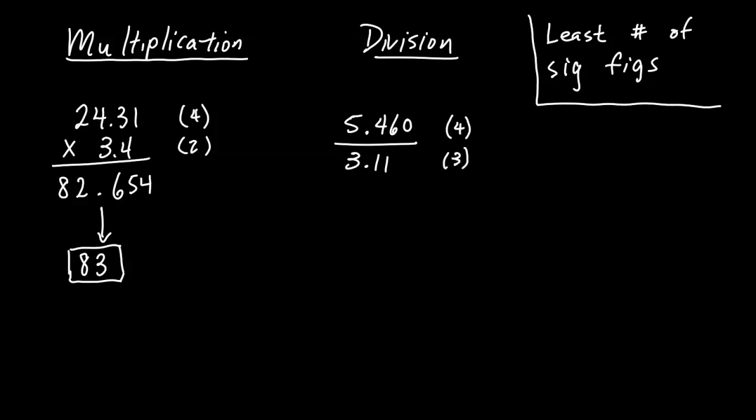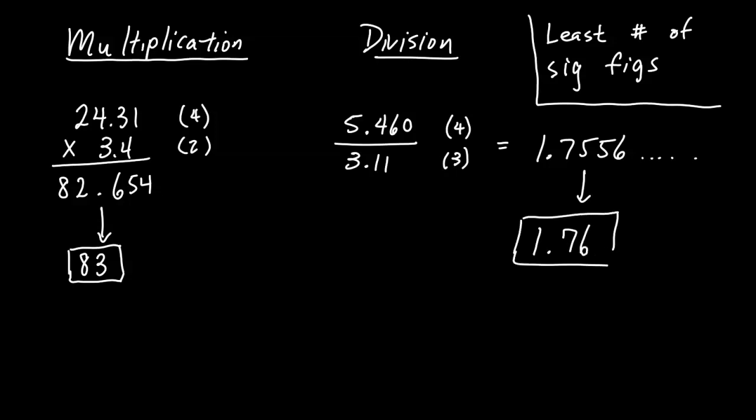If I were to calculate this on my calculator, I get 1.7556, and it continues. The number with the least number of sig figs is 3.11. It only had 3 sig figs, so my answer should also have 3 sig figs: 1.76. I'm going to round it to 6 because the next digit is 5 or higher.